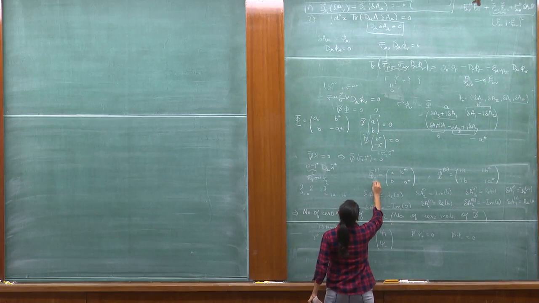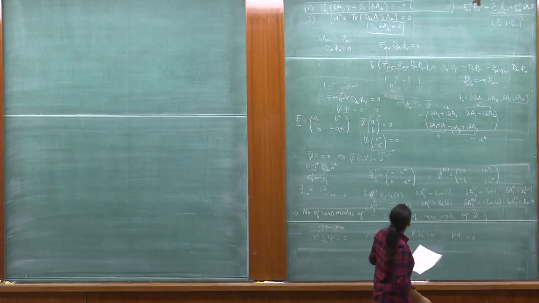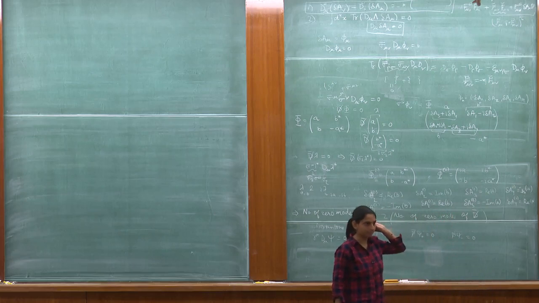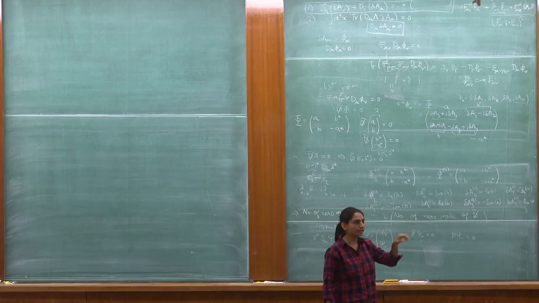Phi was the matrix of delta A mu, and those delta A's are themselves 2 by 2 matrices. Delta A mu has a color index also, so it's actually a 4 cross 4.